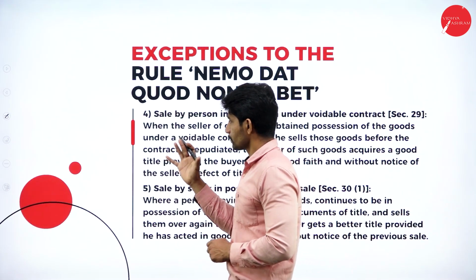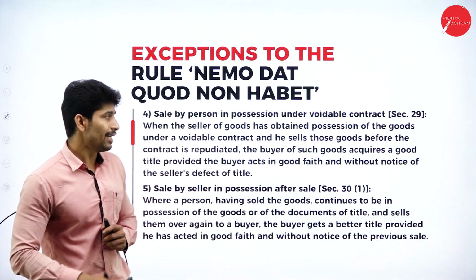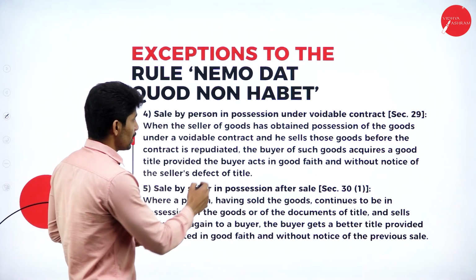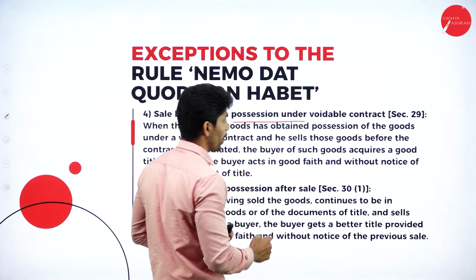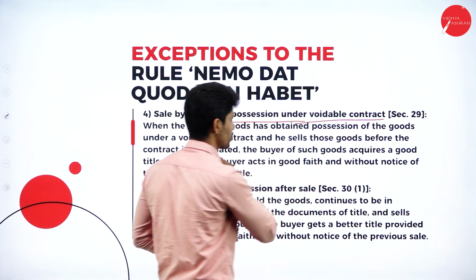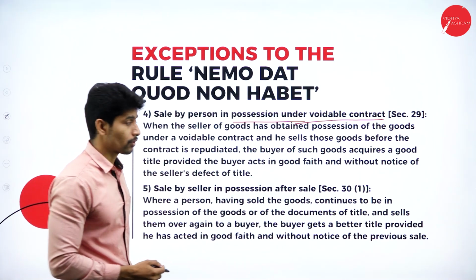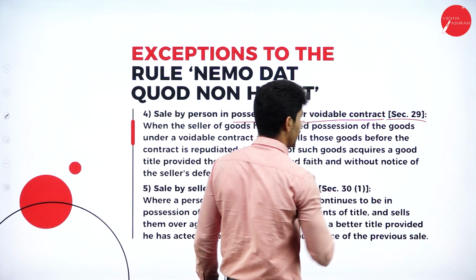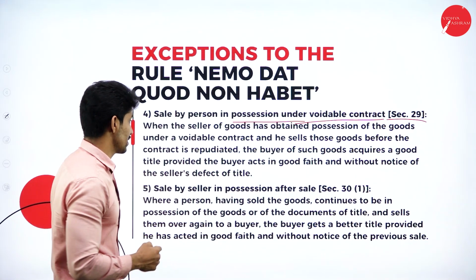Next one, fourth one, sale by person in possession under voidable contract. Person in possession under voidable contract, section 29. So what does this section 29 say?